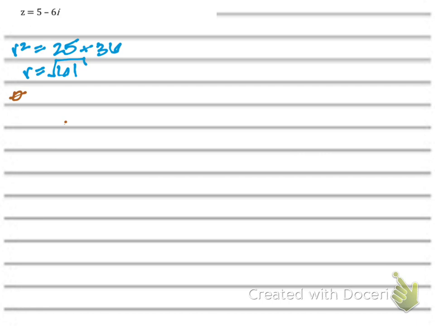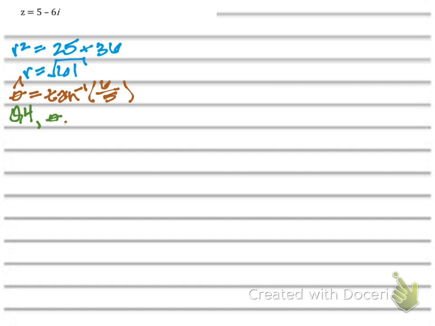If we were to put this in our calculator as theta is the inverse tangent of negative 6 over 5, we would get a negative angle, right? Because it's not going to go through that third quadrant. So I'm going to do theta hat is the inverse tangent of 6 over 5. I'm going to make it positive, so that's going to give me my quadrant 1 guy. And I know this guy is in quadrant 4.